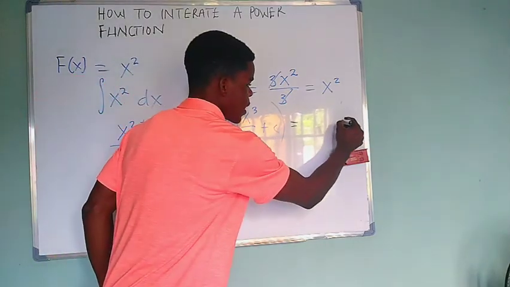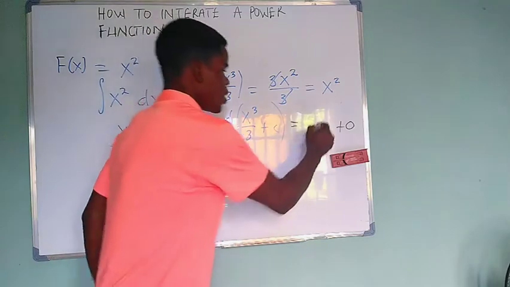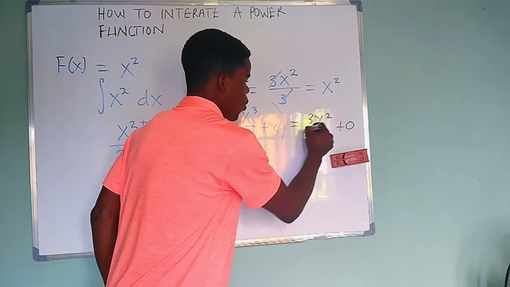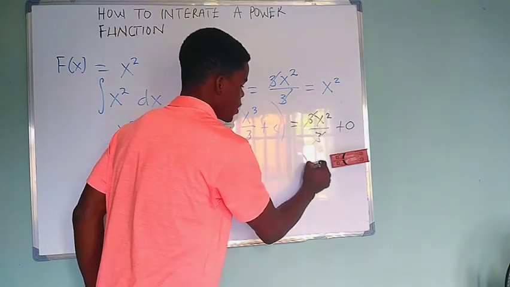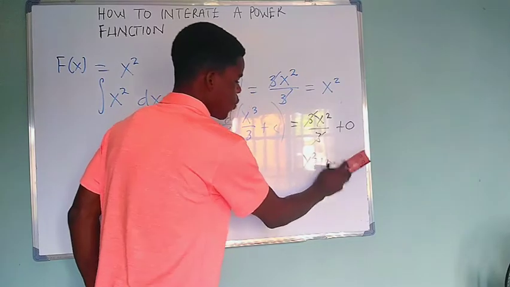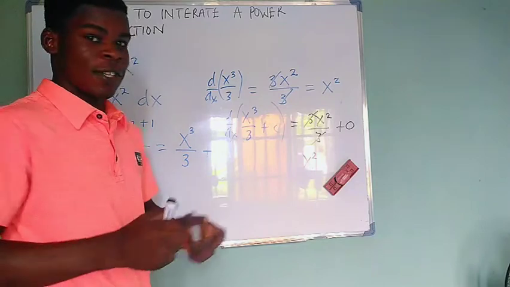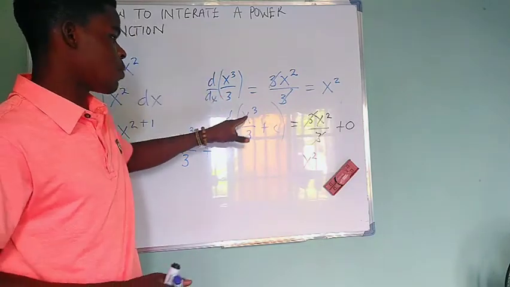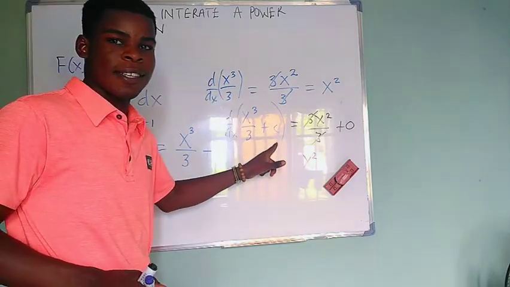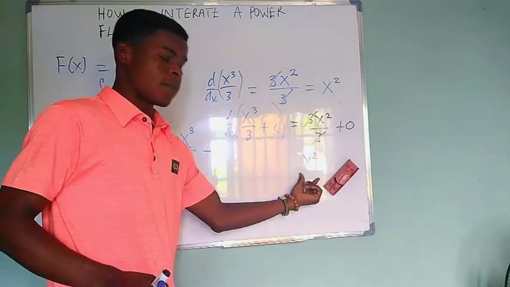Now we differentiate the first term, we have 3x squared over 3, which is the same thing as x squared, plus 0. It is just x squared. So the derivative of x cubed over 3 is the same thing as the derivative of x cubed over 3 plus c. They are the same.